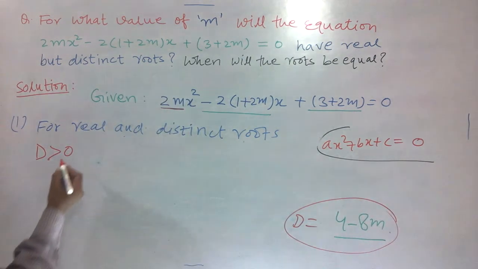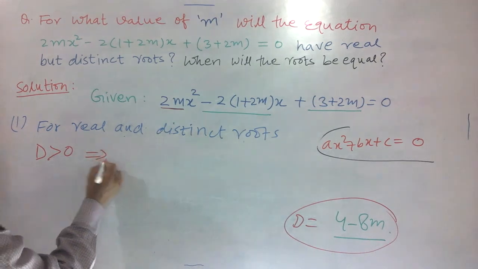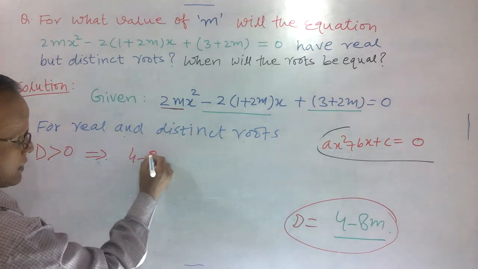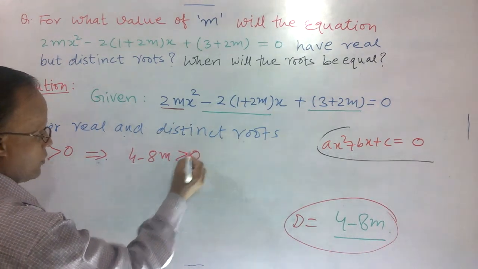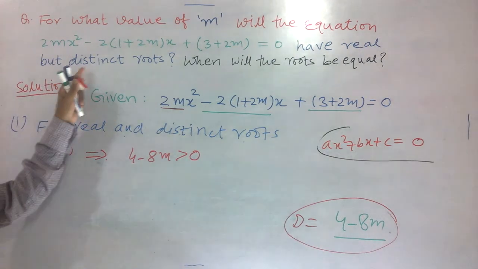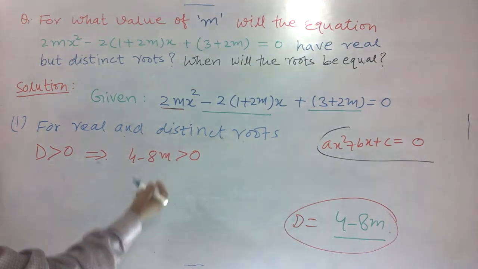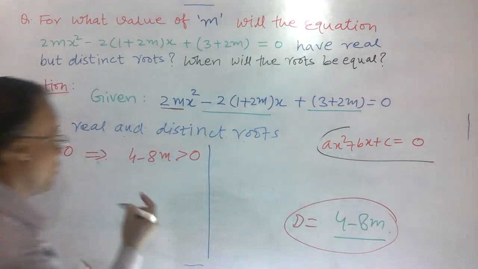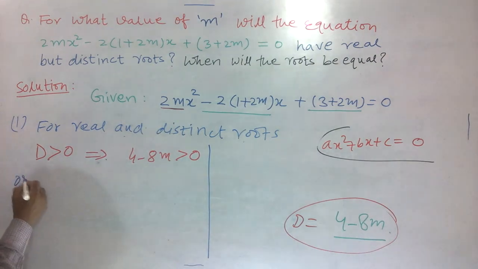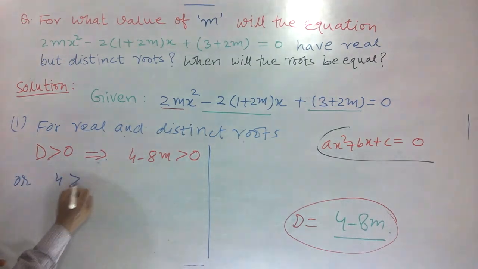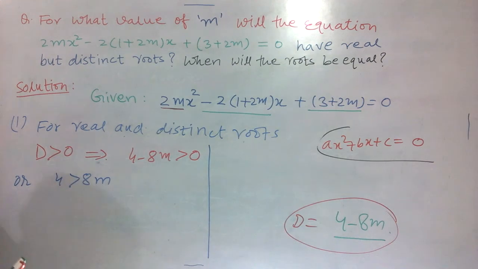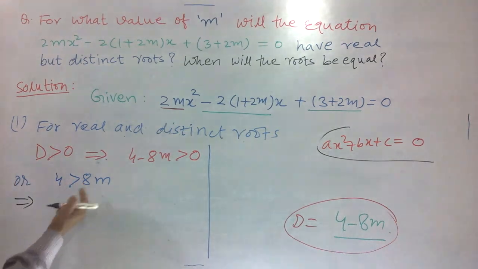Put it here. So this implies 4 minus 8m greater than 0. This is for real and distinct roots. Then solve it. So or you can say 4 greater than 8m. अब 4 greater than 8m, so this implies what is the value of m then?